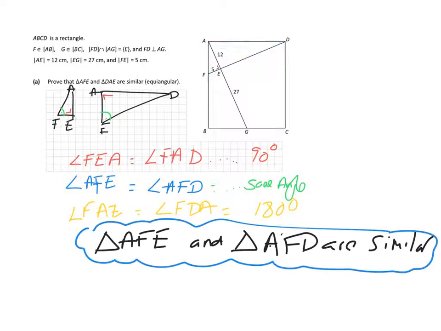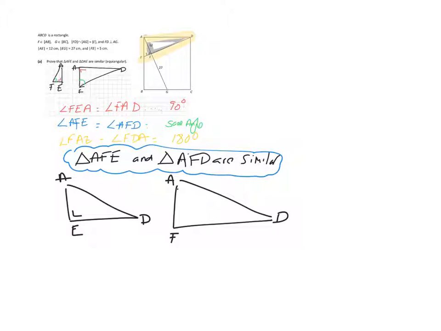Okay, the next thing I'm going to prove, or try and prove, is that the triangle DAE is similar to the triangle FAD. Okay, so I'm going to draw those in. And what do I know straight away? Well, I know that this is a 90-degree angle.